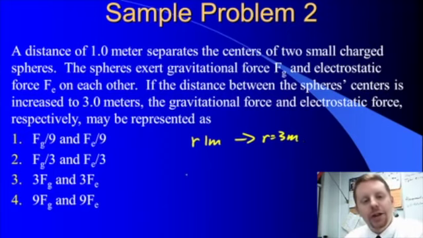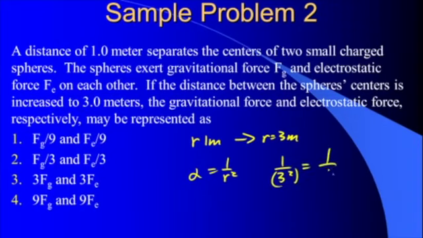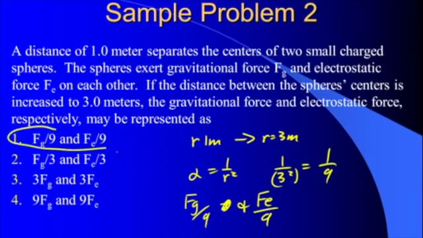And since our relationship for both gravity and the electrostatic force is proportional to 1 over r squared, since we tripled that, the change is going to be 1 over 3 squared, or 1/9. So we'll have Fg divided by 9 and Fe divided by 9. So both of those will be 1/9 of their original values. Answer 1, because of that inverse square law relationship.